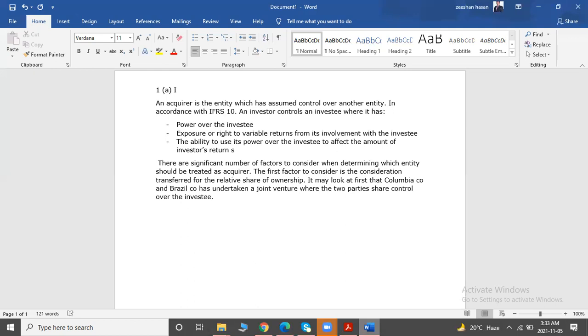This is because Columbia Company and Brazil Company have paid an equal amount of $8 per share.